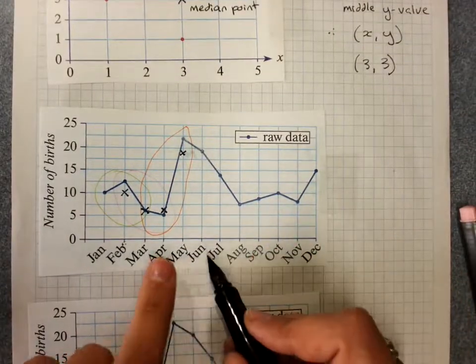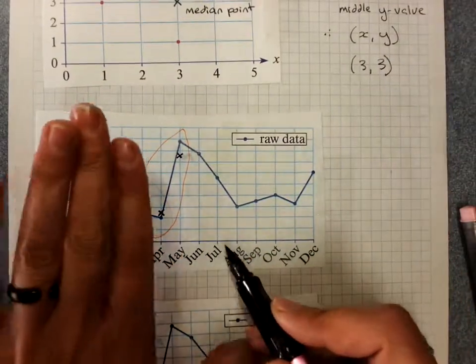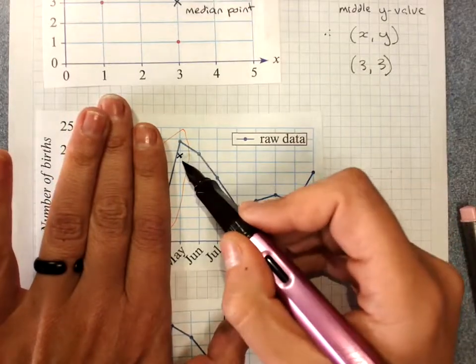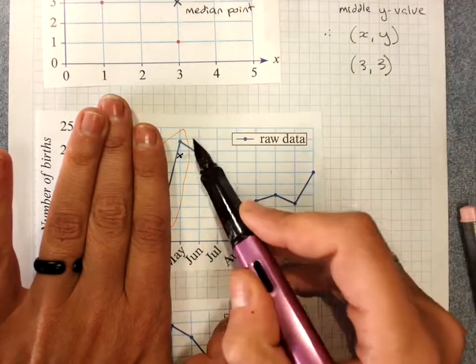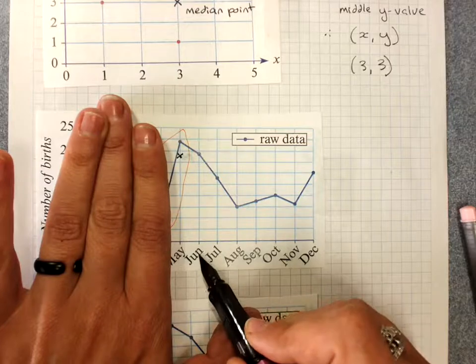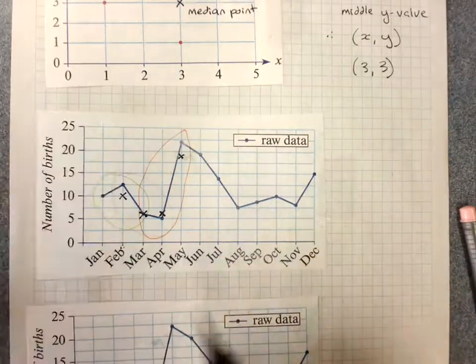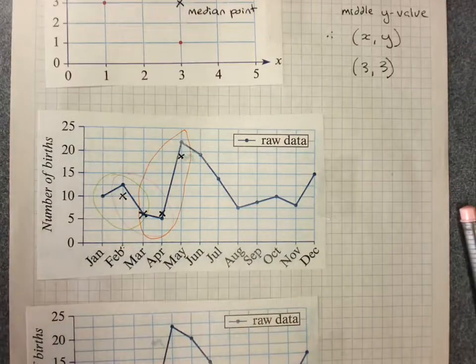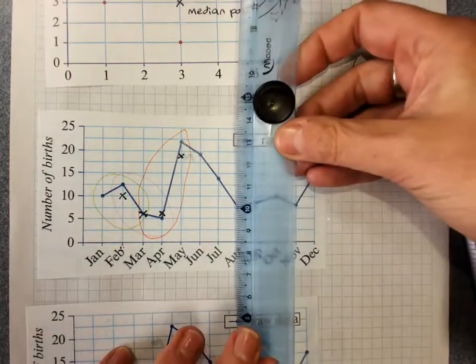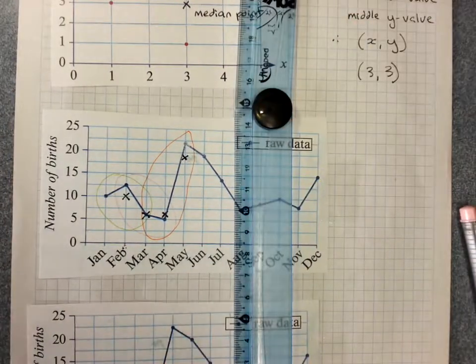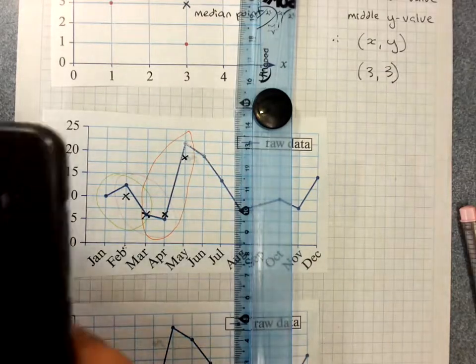June, so May, June, July is where I'm looking. Don't look at the median data, look at the real data. I know my X value will be on June. If you want, do something like covering up the rest. I'll use my phone.